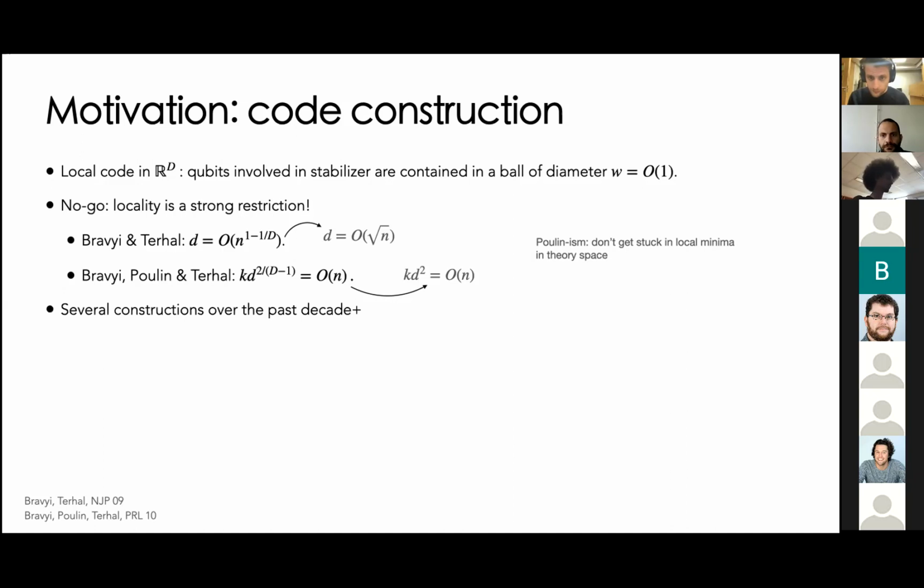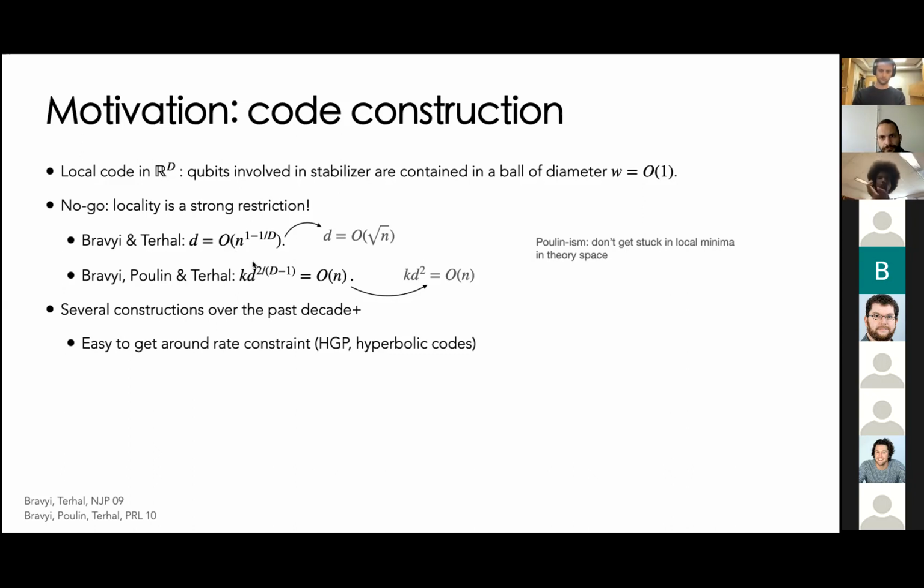Now, in order to optimize code parameters, people have been trying to understand what they can do to construct good quantum LDPC codes. Namely, how do I construct codes for which K and D can both scale linearly with N?